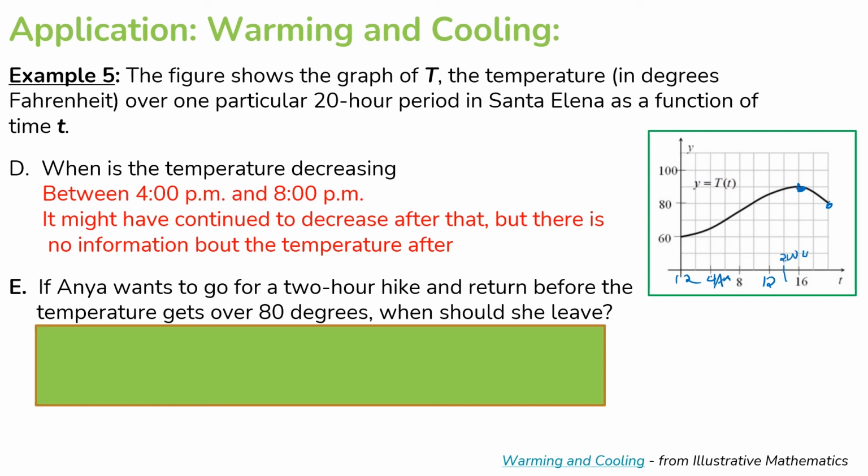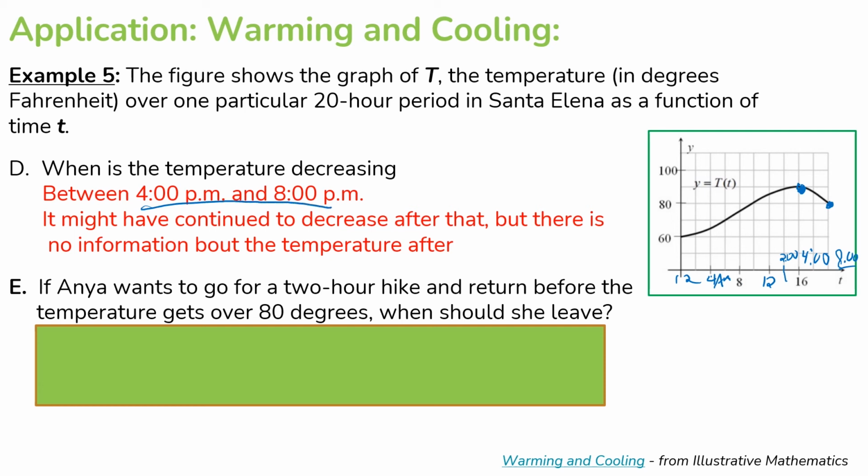So at 16 it would be 4 o'clock. And so from 4 p.m. here, so this would be at 8 o'clock. Excuse my handwriting here, I'm trying to write it very small. All right, but there's no information after that, and so we could just say it may have continued to decrease, but we're not sure, but we know definitely from 4 p.m.